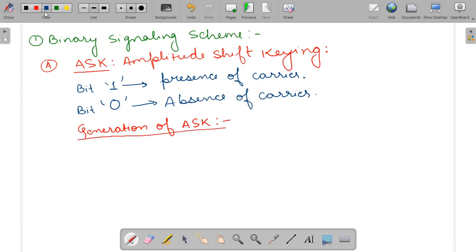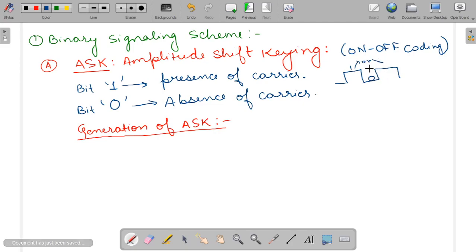I will explain this using the block diagram. This ASK signal is also known as on off keying, because if 1 is there, then ASK is like this. This is 1, this is 0. If 1 is there, then this is on, and when 0 is there, then this is off.